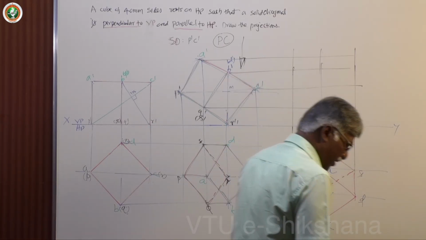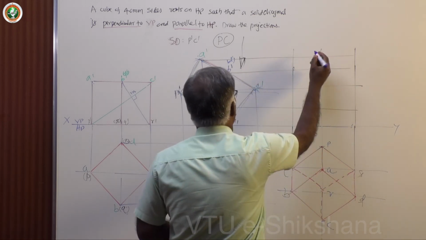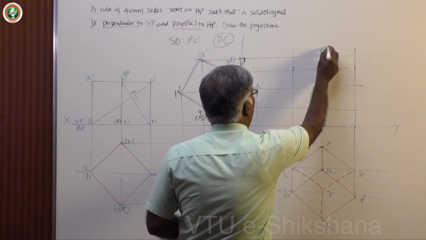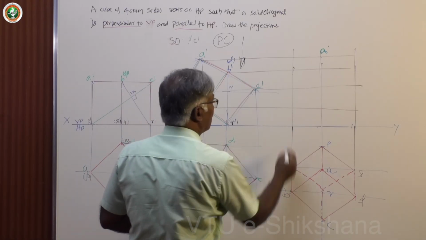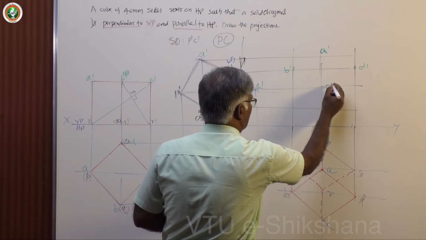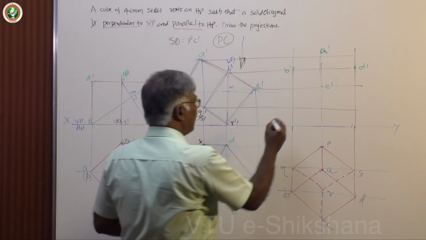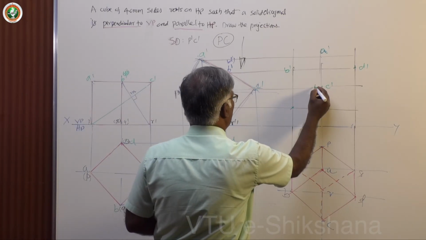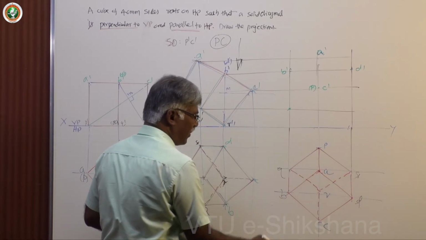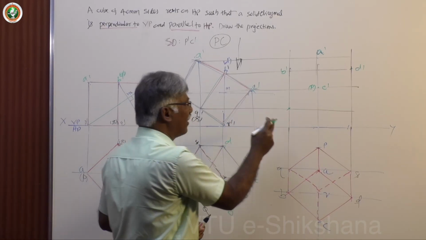Now keep these points. The topmost point is A dash, this is B dash, this one is D dash, this is C dash. Similarly, this is P in bracket because it is away from the observer, C is visible, not P. This happens to be a solid diagonal also.